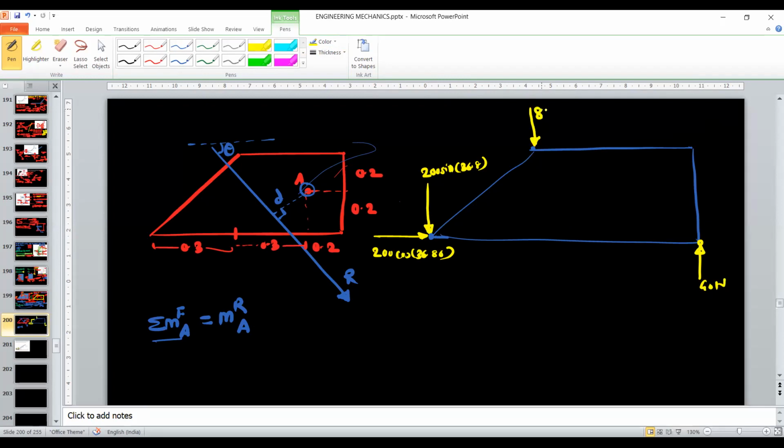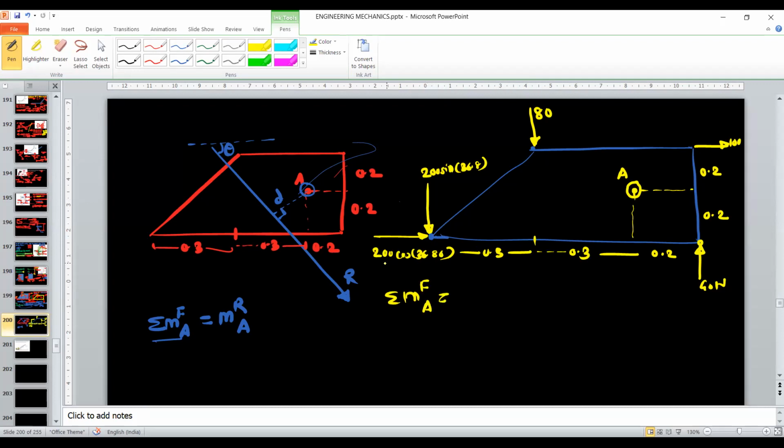Then this is 80 and this is 100. And this is the moment point, which is the point A. Now this is 0.2, 0.2, 0.2, this is 0.3, and this is 0.3. So to find out the left hand side, summation of moment by all the forces about the point A, we should refer to this diagram.